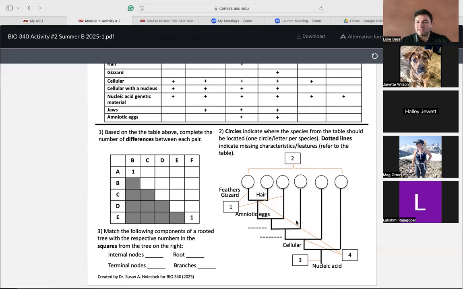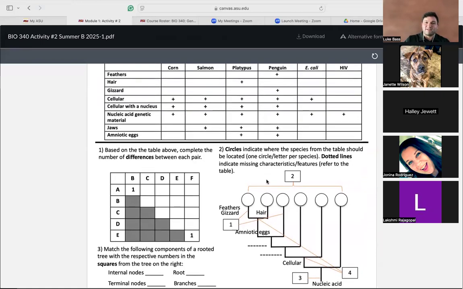I don't think, ATAs, correct me if I'm wrong, there are any questions going from a table of numbers of differences to actually constructing a tree. Not that I remember. That's a good question though, because that would be a tough one on an exam.